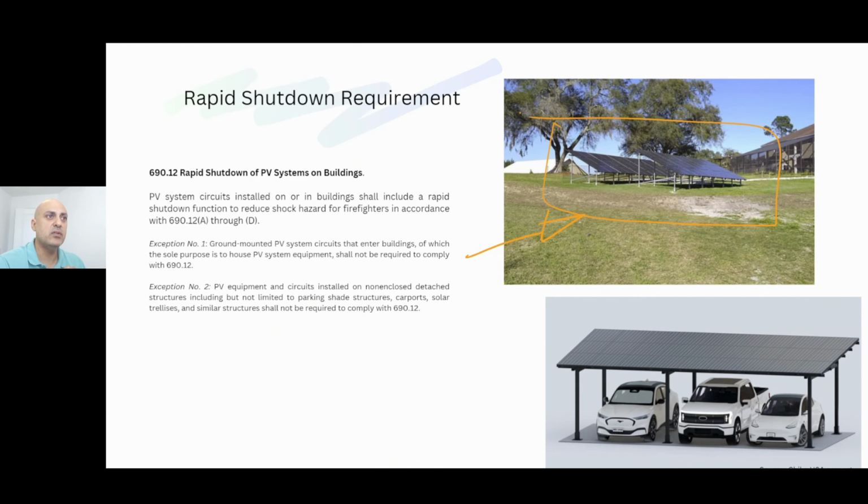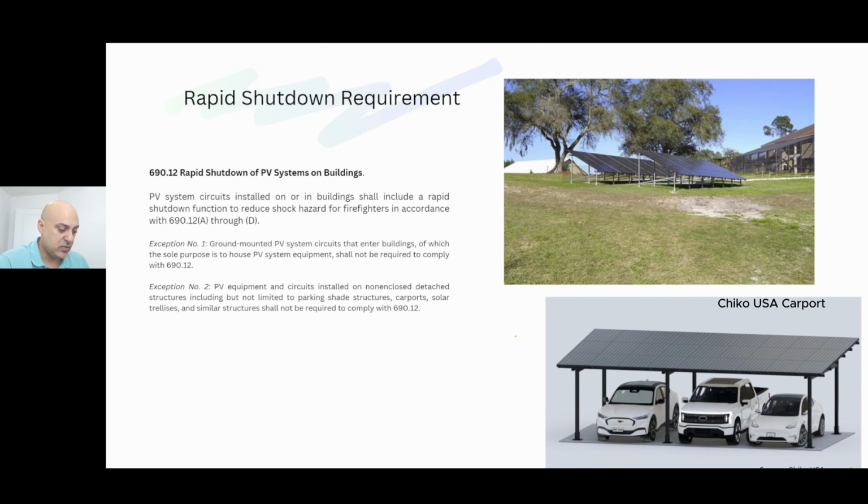Something similar applies to another exception, non-enclosed detached structures. It could be a carport, like this example here from Chico USA. This is another exception where rapid shutdown is not required, because we don't need to have the fire department climbing that carport in order to mitigate any fire.